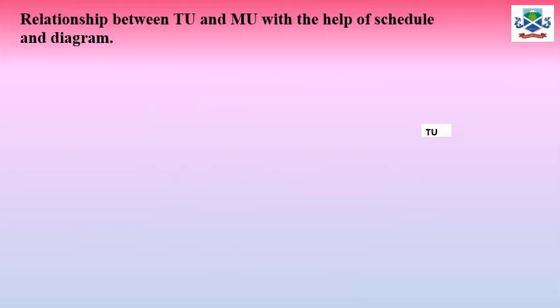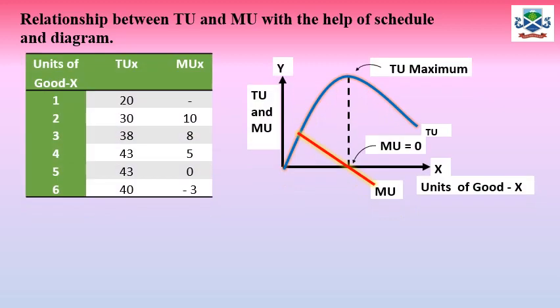Relationship between TU and MU. Now let's take two things: one is the schedule we have given over here, and another one is the diagram. Based on that we can work out the relation between TU and MU.